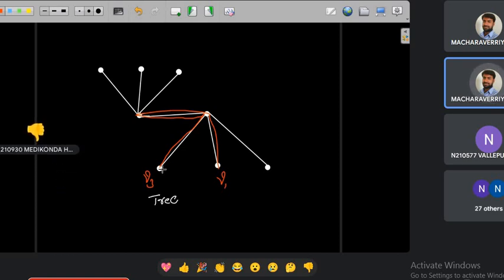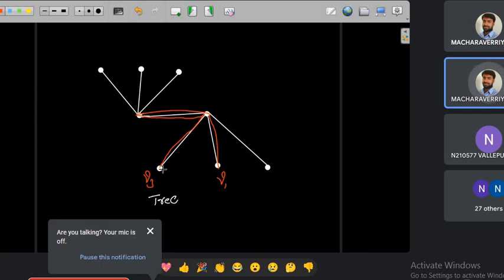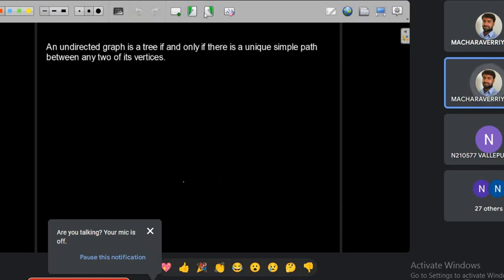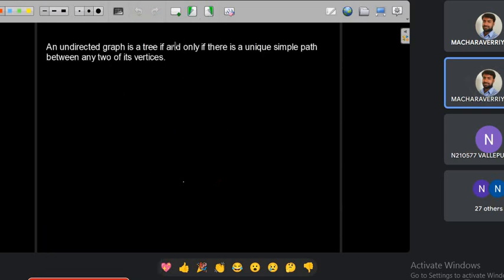That is different. But I'm talking about a simple path. When it comes to a simple path from one vertex to any vertex, that is unique. So that's what we can see as a theorem. An undirected graph is a tree if and only if there is a unique simple path between any two of its vertices.